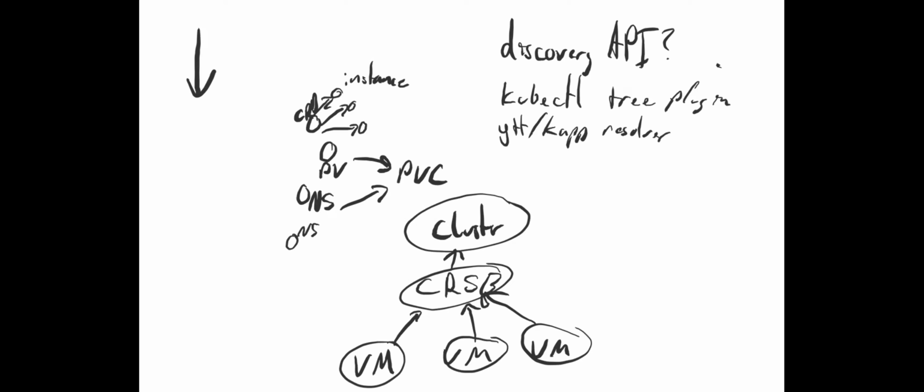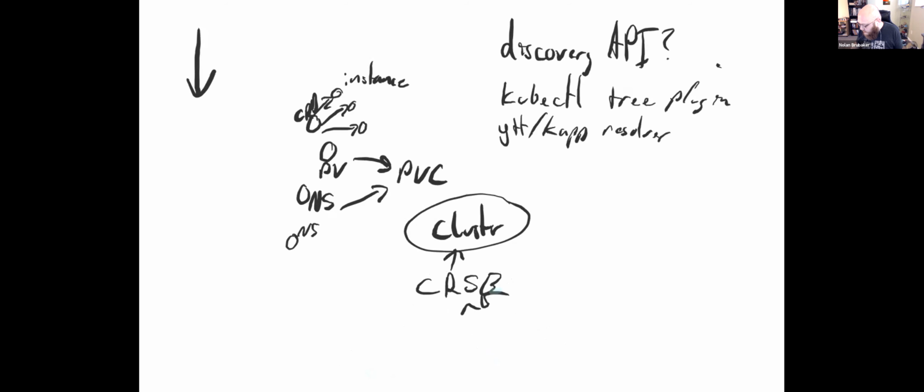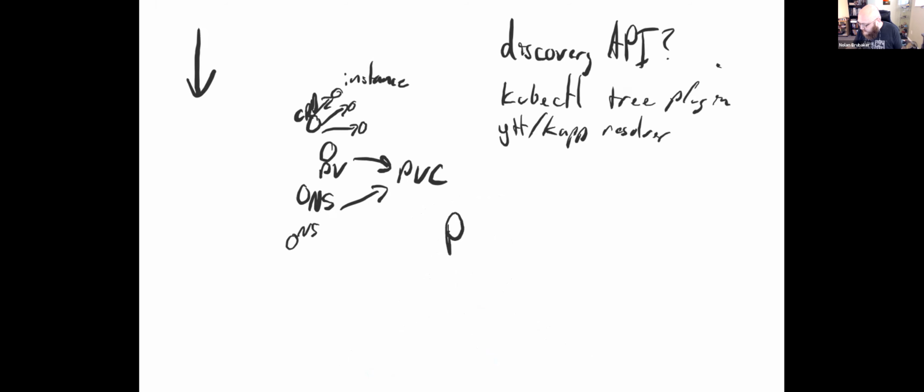Here's the thing I'm trying to solve. I think I'm not stating this correctly. So let's ignore cluster API. Let's think about PVCs and PVs. I have a PVC. It has the name of a PV, right?